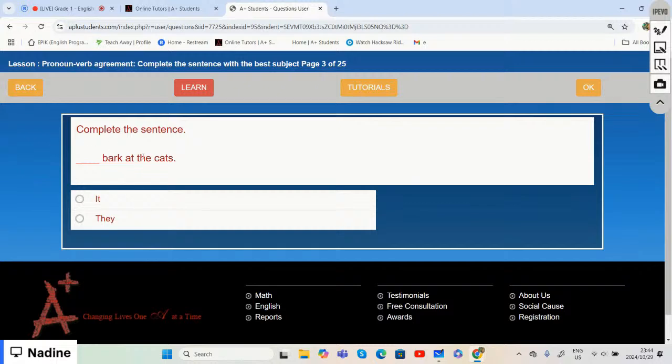The last one says, do we say it bark at the cats, or do we say they bark at the cats?